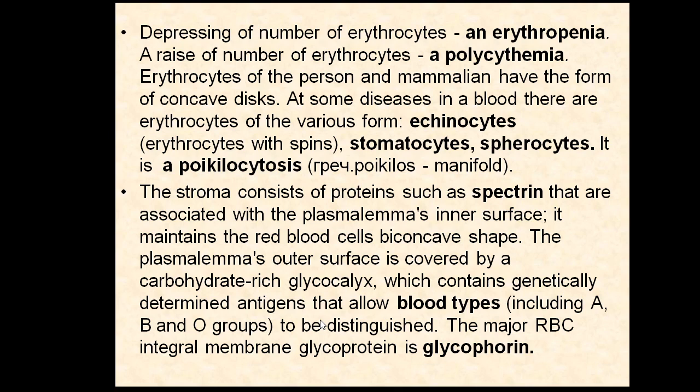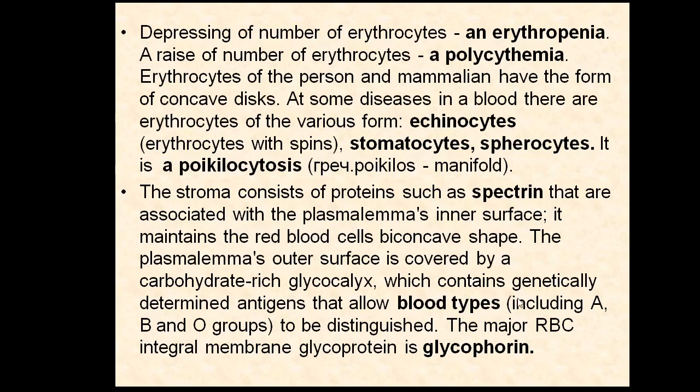But in all the countries of the world, the classification is spread according to the presence or absence of the glycoprotein glycophorin on the surface of the erythrocytes. Glycophorin may be type A, may be type B, may be together A and B, or may be absent at all. And according to the presence of glycophorin, we divide the blood into 4 groups.